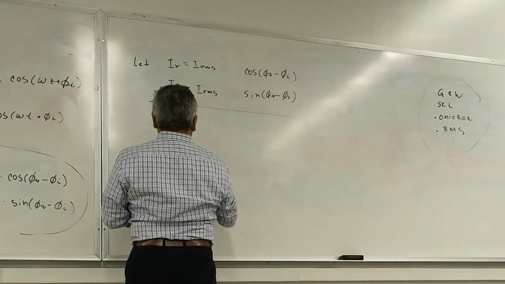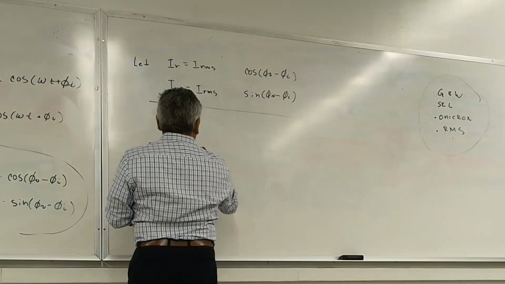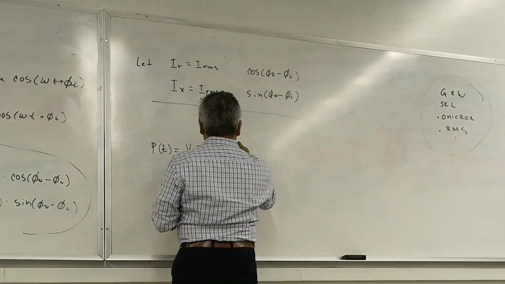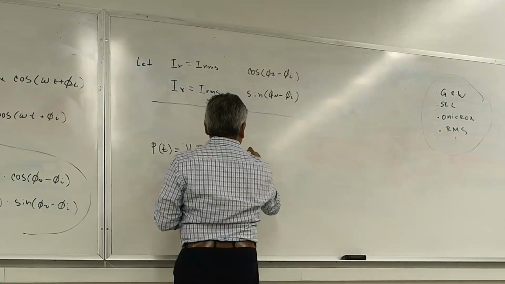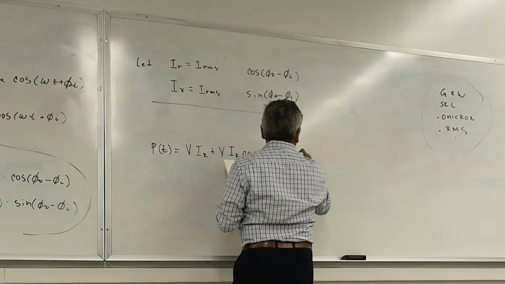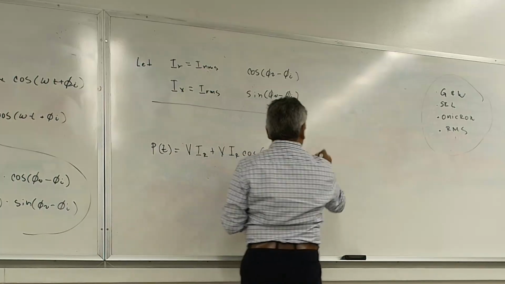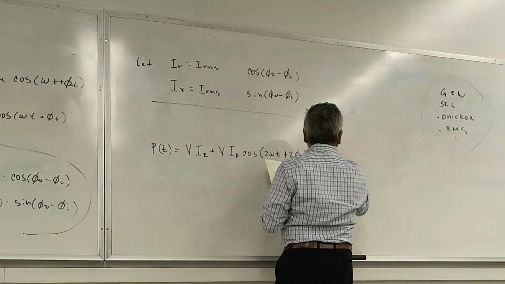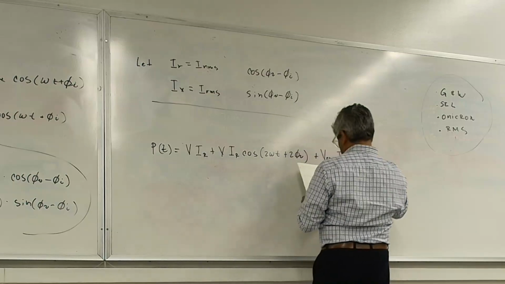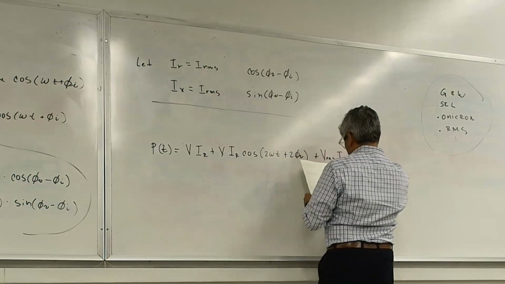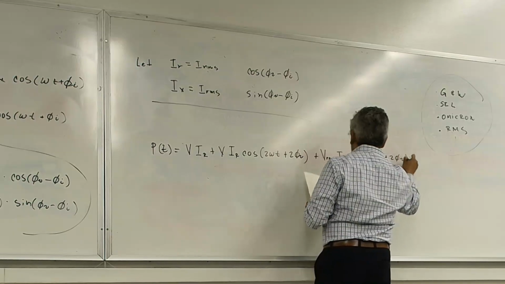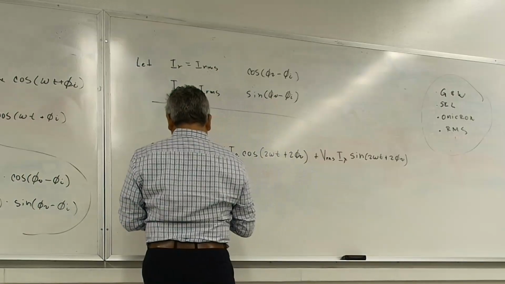So if I use this, I'm going to say that p of t is equal to, when I use this V RMS, I'm just going to call it V I R, plus V I R also cosine 2 omega t plus 2 phi V, plus V RMS I X sine of 2 omega t plus 2 phi V, and that's one.